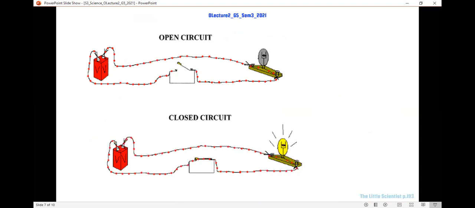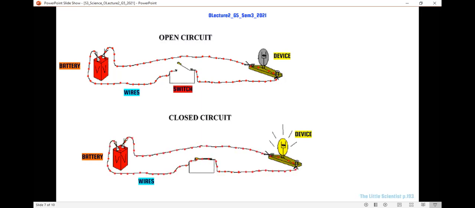Yalla, what are the components of these circuits? Battery, switch, wire, device, light bulb.